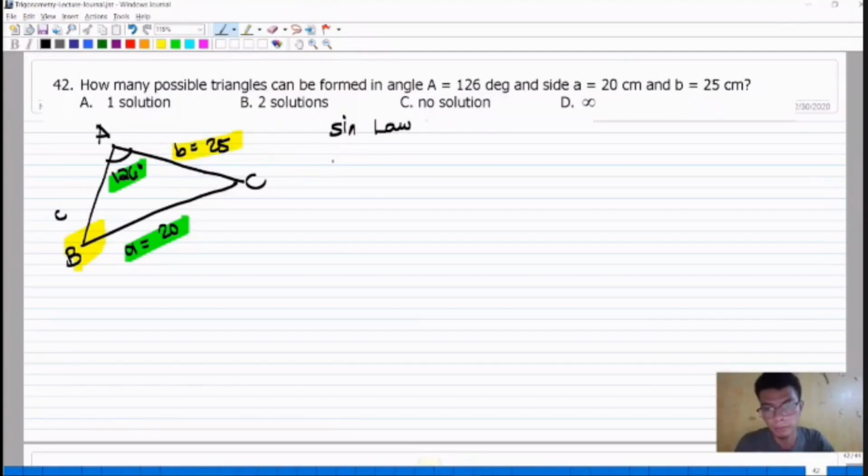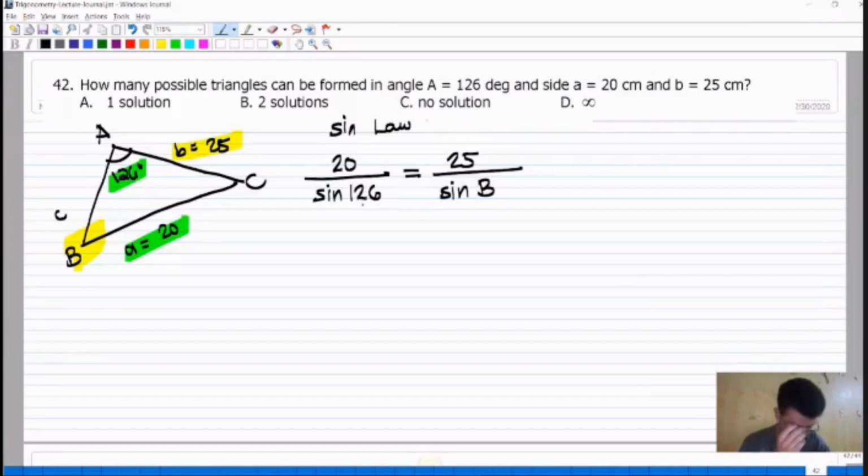So para kay A, yung magnitude ng opposite side over the sine of the angle ng 126, yung angle A. Dapat equal yan kay opposite side B na 25 over sine of the angle B. So let us find the value of angle B.